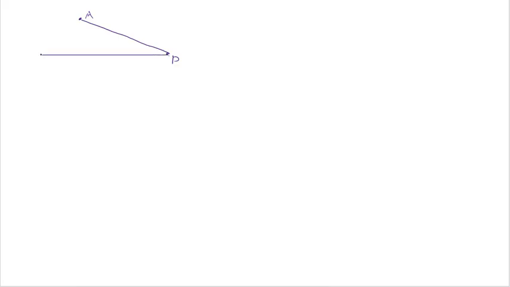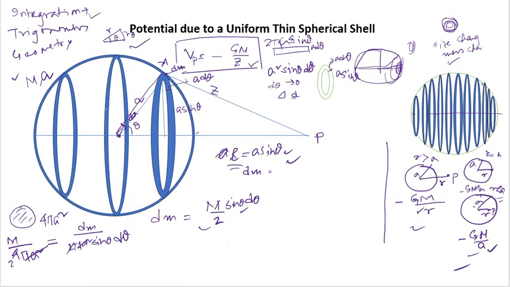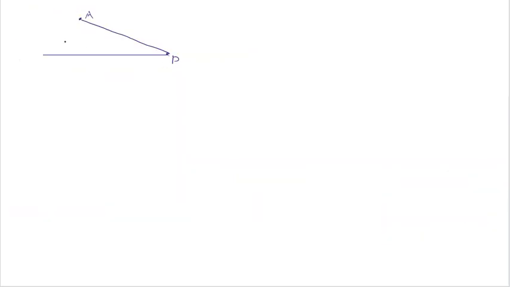The line is joining to the point P, going through the ring. And this is the angle theta.